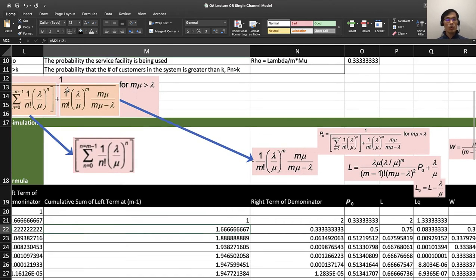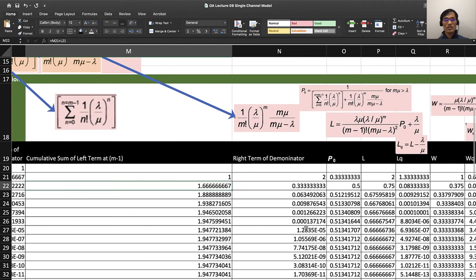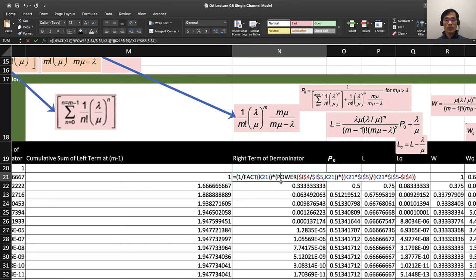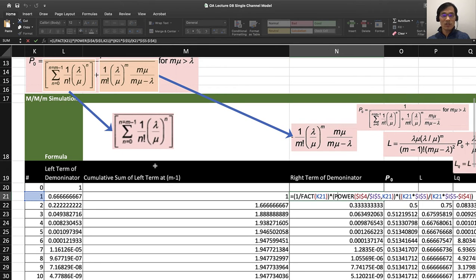So here's 1 over m factorial times lambda over mu to the power of m, and m mu divided by m mu minus lambda. So that's the value here, and I have that here. So let's apply the formula. So 1 over factorial of m, which is 2, and that's K21.